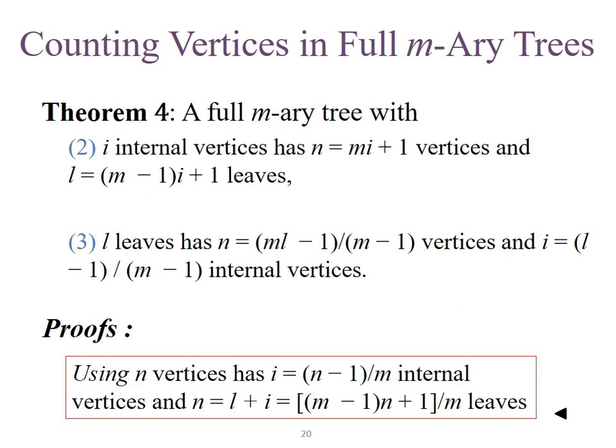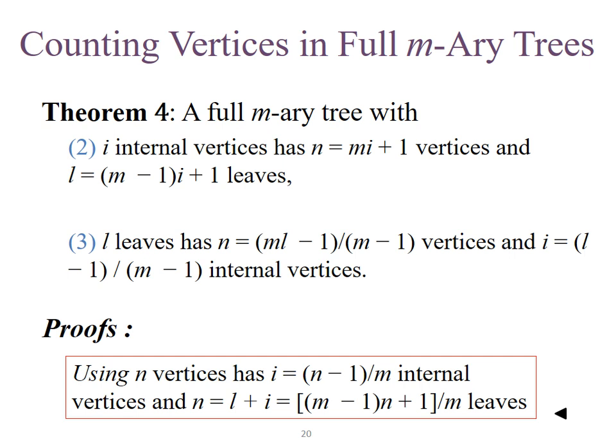Okay, next one, if we have a full m-ary tree with i internal vertices, now the given variables are m and i. How do we derive the total number n and the leaf nodes l?